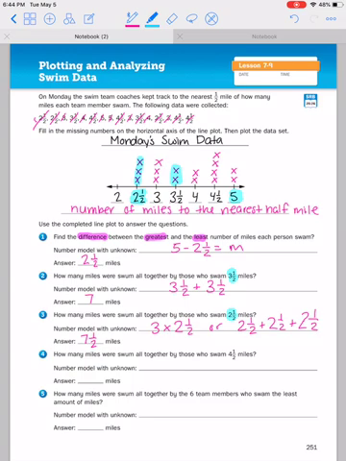How many miles were swum altogether from those who swam 4 1/2 miles? Well, 4 people swam 4 1/2 miles. So you would do 4 1/2 times 4, which equals N. And if you were to do that multiplication problem, you would get 18 miles.